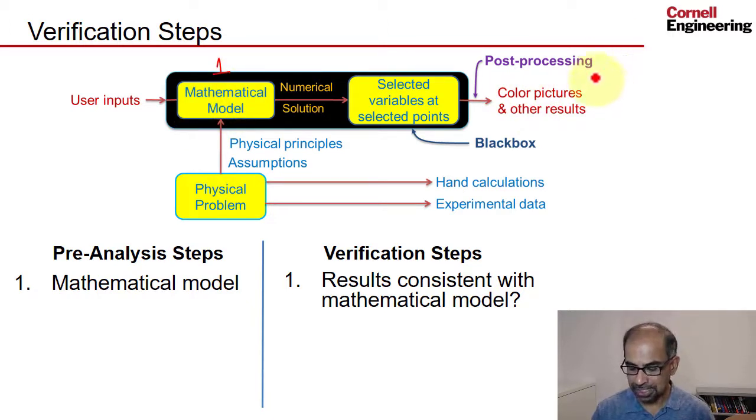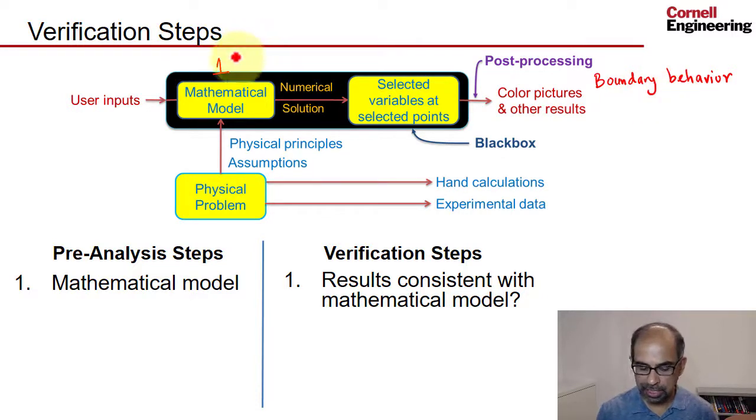For instance, is the boundary behavior consistent? So looking at the behavior of the solution, of the velocity, pressure, temperature at the boundaries, is that consistent with the boundary conditions in the mathematical model?